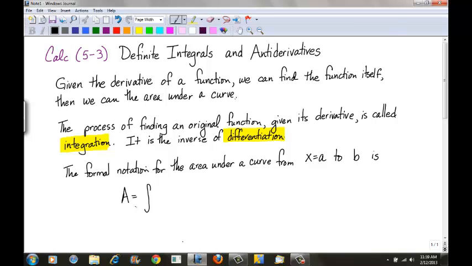That's the integration symbol. You use the lowercase f of x with respect to x from a to b. And as long as there's an a and a b value here, that's a definite integral. You know the two limits on the left and the right.